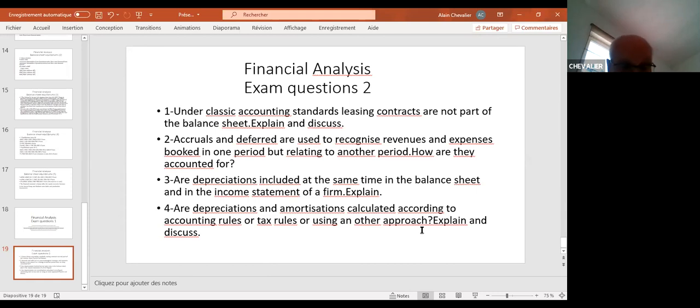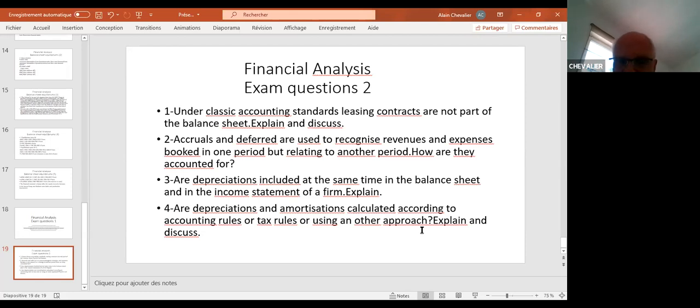So there's a tax rule principle behind, and it is supposed to be also an economic proxy of the economic depreciation of the asset.